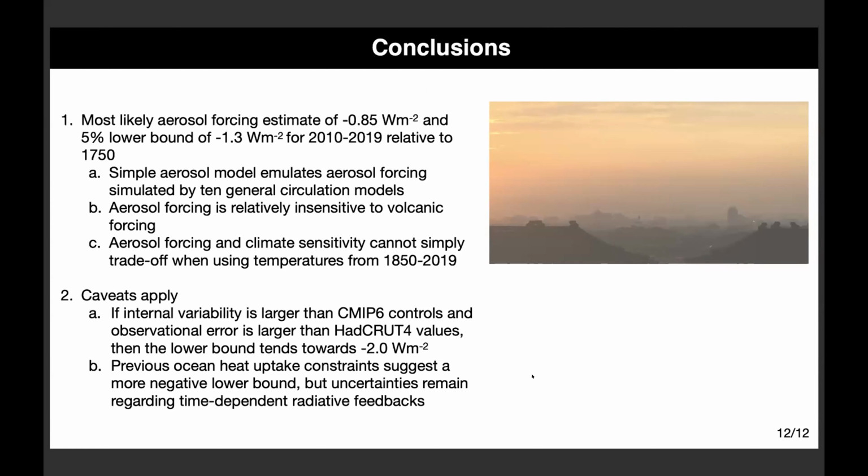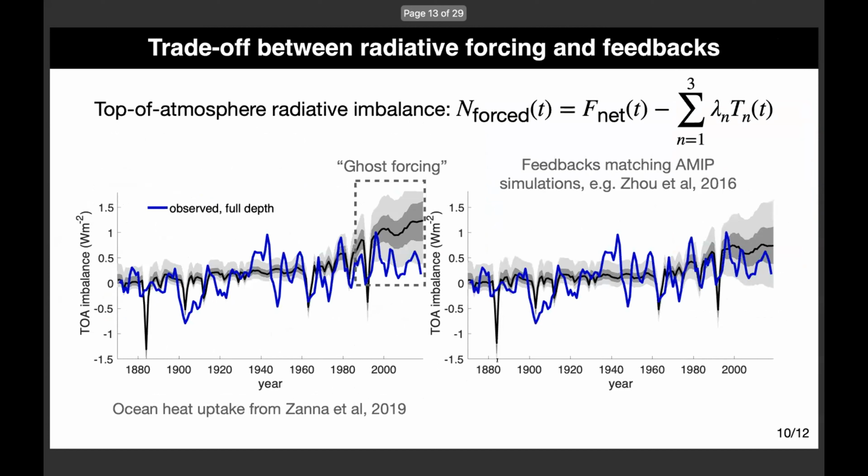Yeah, it's a really good question. We didn't use other ocean heat content estimates because I think in future work, it would be useful to have this be the focus. This was just kind of a heuristic example of another way that we could conceivably get more negative aerosol forcing. But I think in future work, it would be useful to compare different ocean heat content estimates. And to go back to this slide, the Zanna et al. estimate is also based on infilling SSTs into the ocean interior.